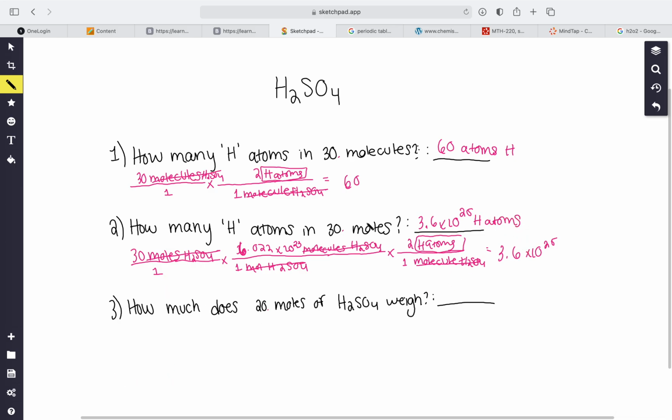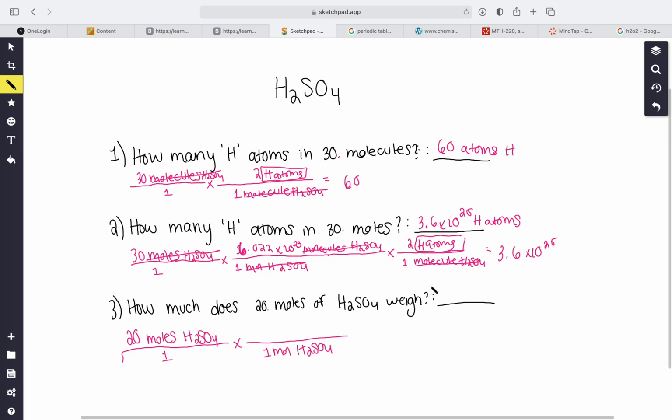Alrighty, on to the next one. How much does 20 moles of H2SO4 weigh? So we have 20 moles of H2SO4 divided by 1, and in 1 mole of H2SO4, we're going to figure out how many grams there are. There's 1 gram in a hydrogen, and there are 2 of them, so 1 times 2, which is obviously 2.